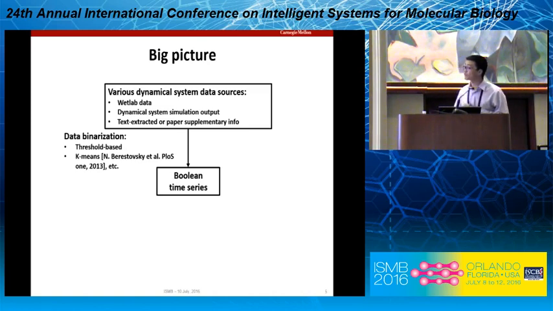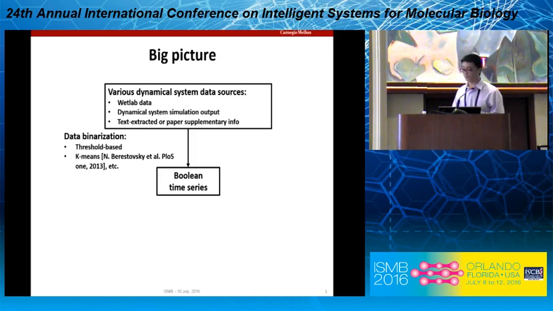There are several methods to do the binarization. It could be threshold-based. It could also be k-means clustering and so on. The Boolean variables can only be 0 or 1, and their meaning can vary from system to system. 0 can mean, for example, low species concentration, while 1 may mean high species concentration.